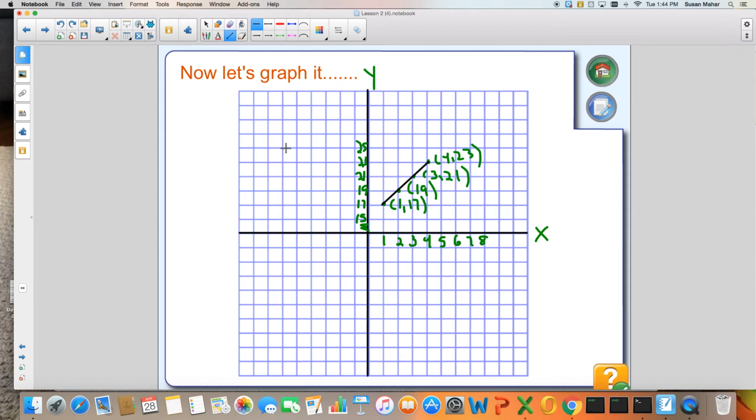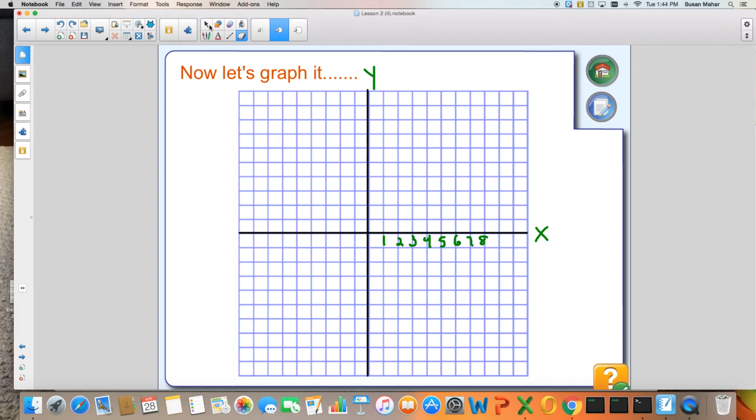Now, I just want to show you one more thing, because I do have a couple more minutes. I'm going to erase this graph because I want to show you something. And I'm going to click on this line and get rid of it. And oops, I need to erase a couple more dots.